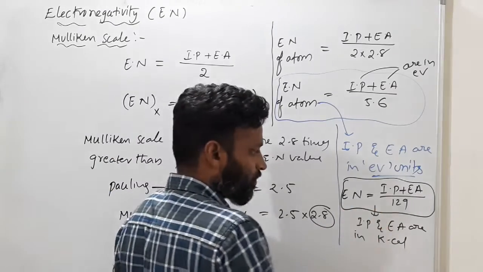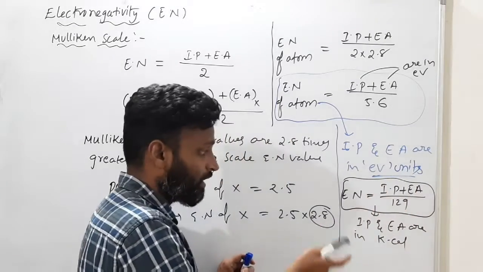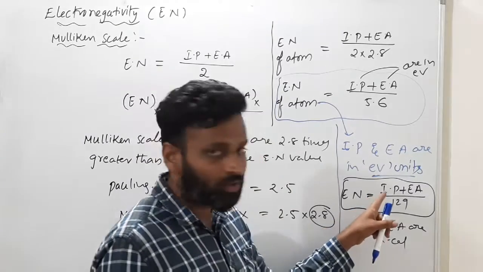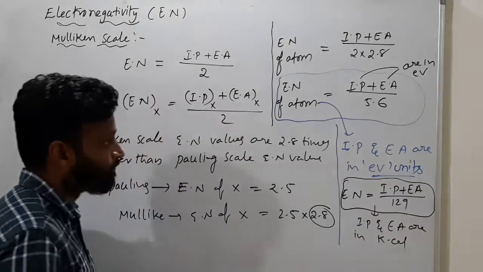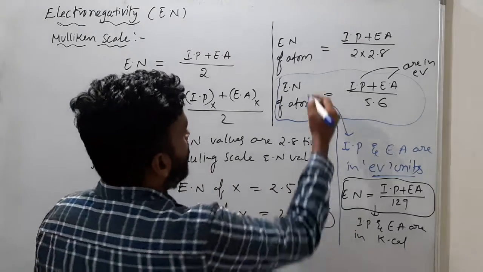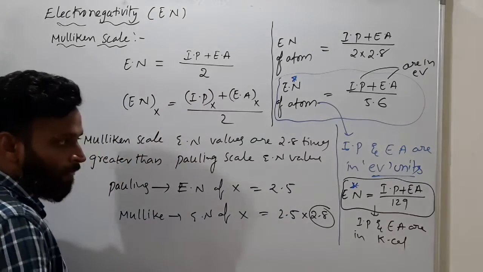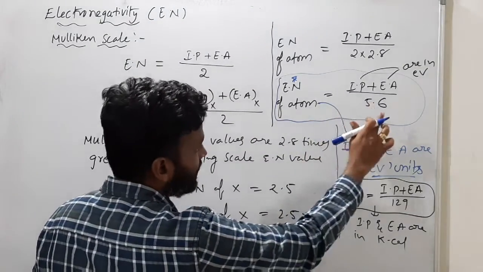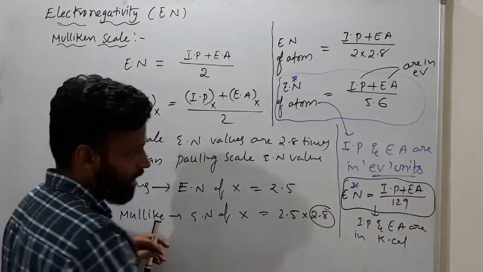When we use this formula in a numerical, if IP and EA are given in kilocalories, then electronegativity is equal to IP plus EA by 129. So this is one important formula and this is the second important formula. What I said: IP plus EA by 5.6 when IP and EA are in electron volts.